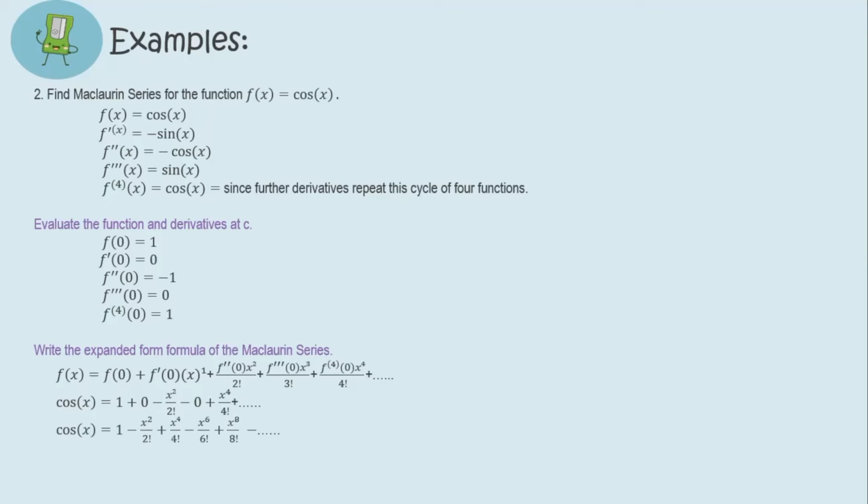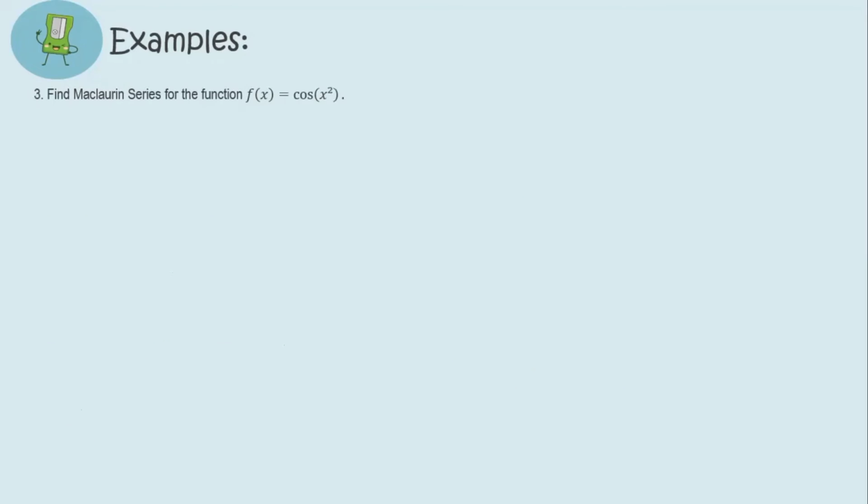And cosine x is equal to 1 minus x squared over 2 factorial plus x to the power of 4 over 4 factorial minus x to the power of 6 over 6 factorial plus x to the power of 8 over 8 factorial minus so on. Write the series using summation notation, which is cosine x is equal to the summation from n = 0 to infinity of the quantity negative 1 to the power of n, x to the power of 2n over the quantity 2n factorial.